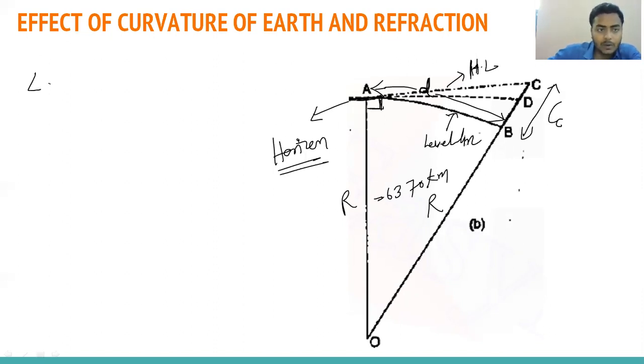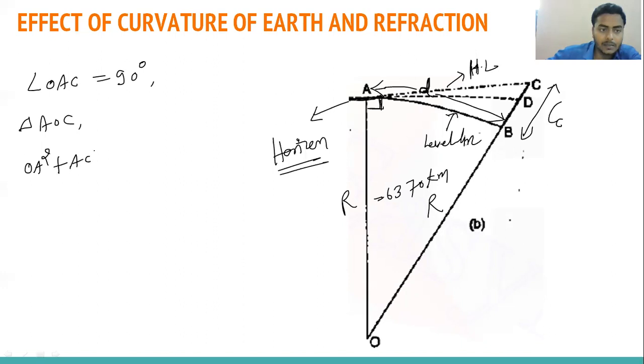We can call angle AOC 90 degrees. Once angle AOC is 90 degrees, in triangle AOC, we can write OA squared plus AC squared equals OC squared.